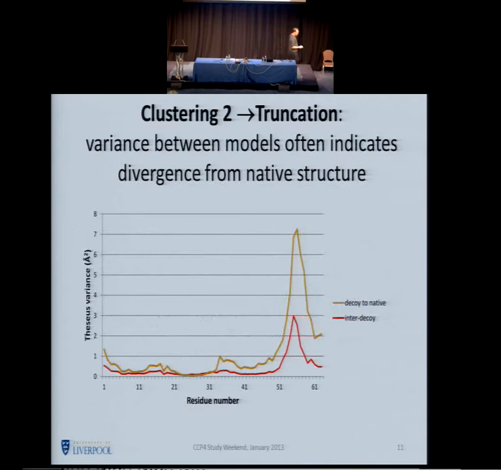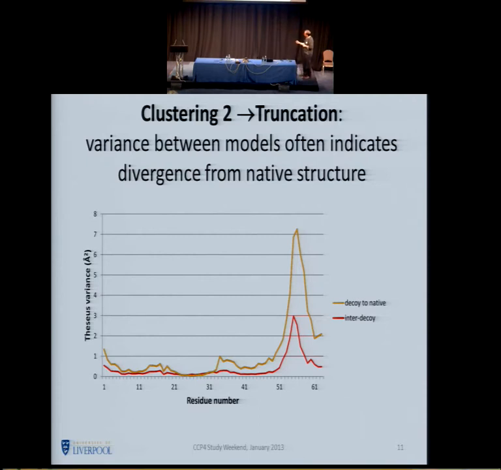This is that key truncation step here. What you have here, these 2 traces, the red is for one of those clusters that we've taken, one of those ensembles. Here in the red, we're comparing the structural variability between the set of models along the chain. So this is a protein of 60-odd residues, and the C-terminus here is where, within that set of models, we see the most diversity.